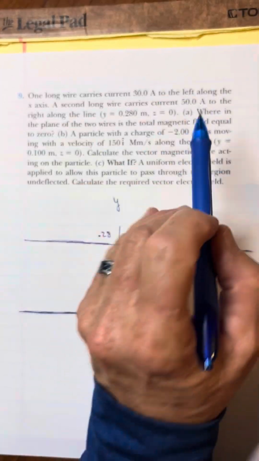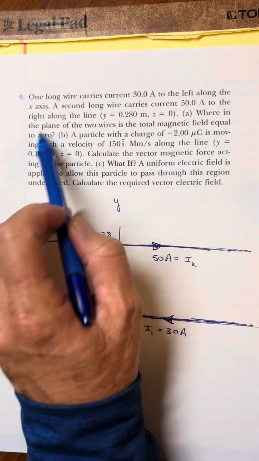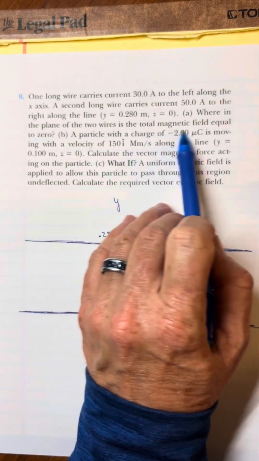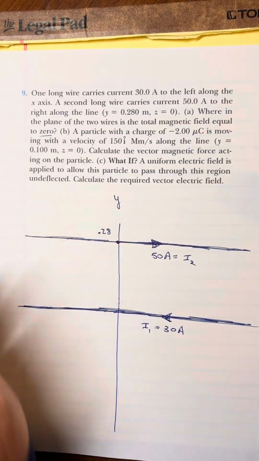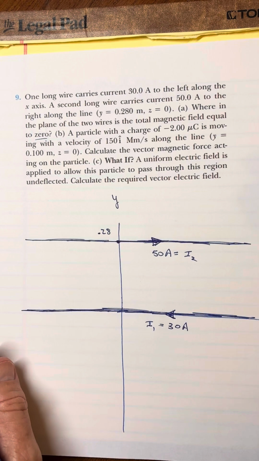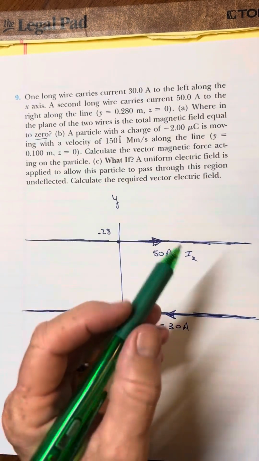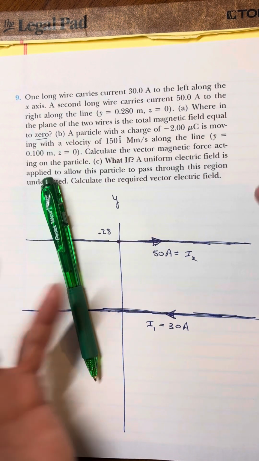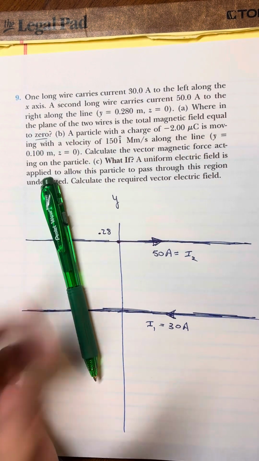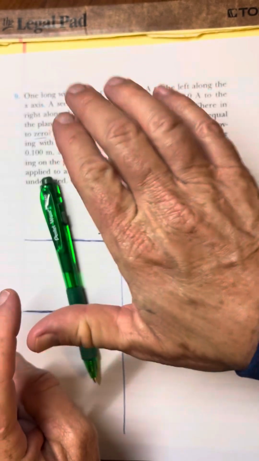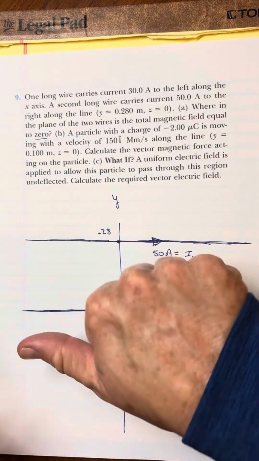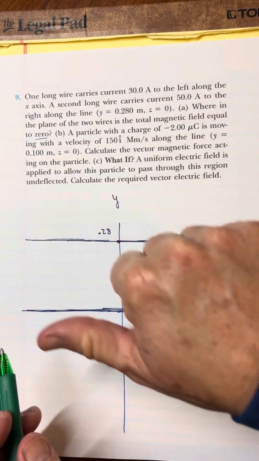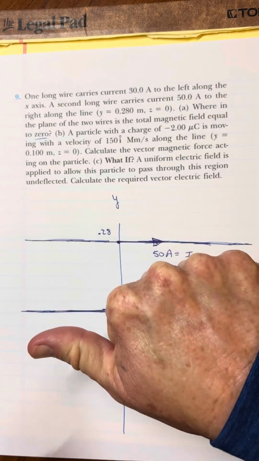Now to the first question, it says, where in the plane of the two wires is the total magnetic field equal to 0? Let's talk magnetic field, and color code it with green. If I do what we've been calling right-hand rule number 2, I can take my right hand and grab wire number 1, with my thumb going in the direction of the current.